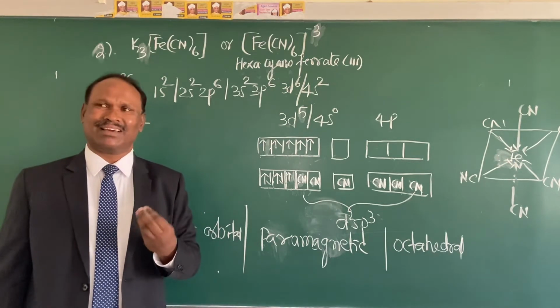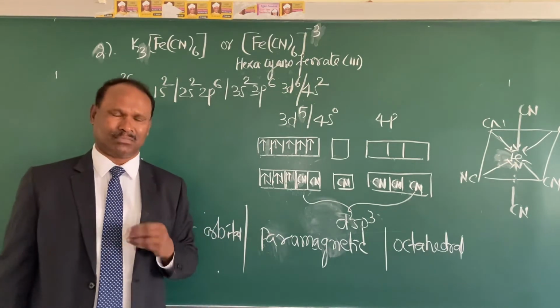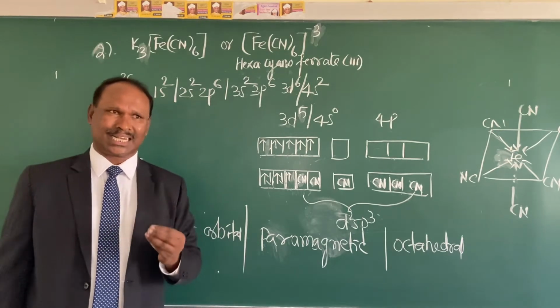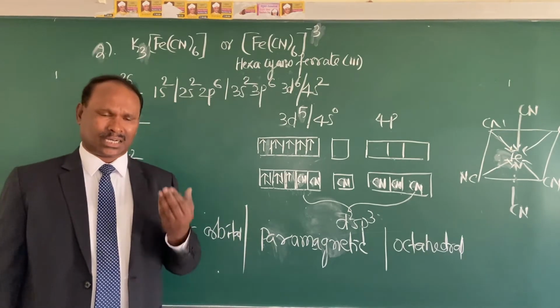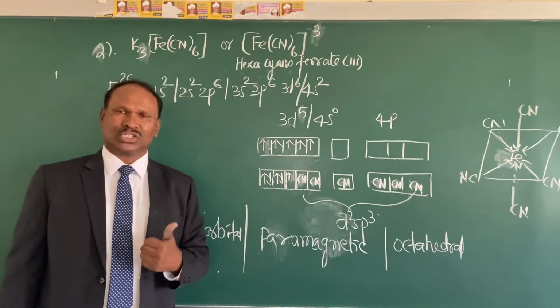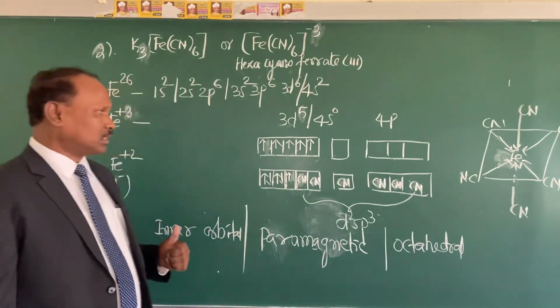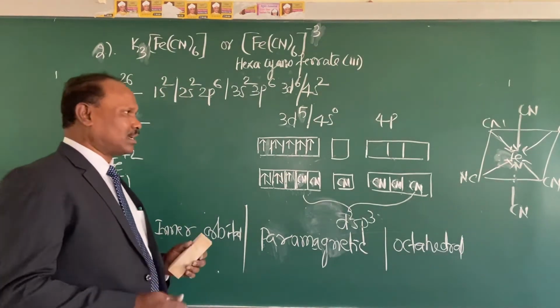In other words, they will have reduced paramagnetism. Remember that. Either they are diamagnetic in nature or they will have reduced paramagnetism. So these are 2 examples, right?